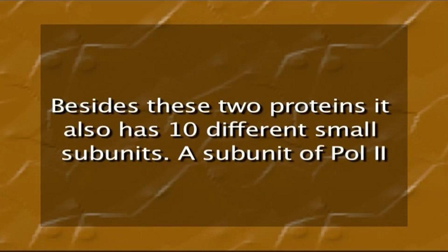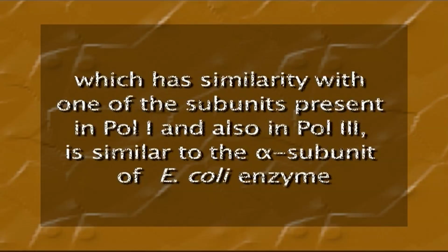A subunit of Pol II, which has similarity with one of the subunits present in Pol I and also in Pol III, is similar to the alpha subunit of the E. coli enzyme and helps in enzyme assembly. Apart from the RNA polymerase, different transcription factors are also involved in transcription.